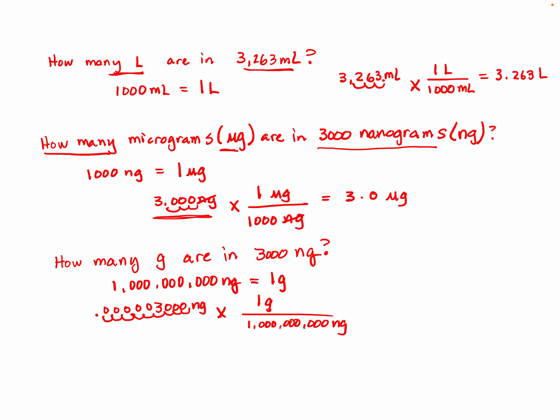Is that a choice up there? Good. If we put that into scientific notation, what would that be? Good extension. Three times 10 to the negative 6, and it has to be negative because it's a small number.